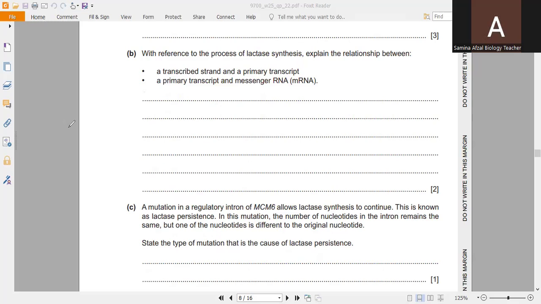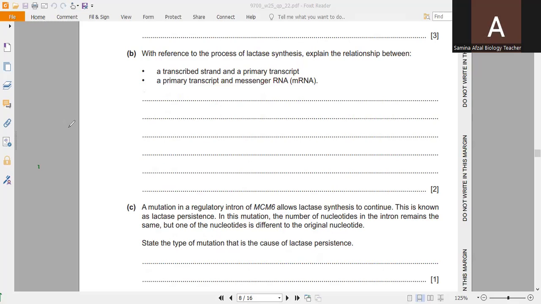The second one is the primary transcript and the messenger RNA. The primary transcript isn't ready for translation immediately after it is formed. Messenger RNA is the final mature molecule that remains after splicing is complete.